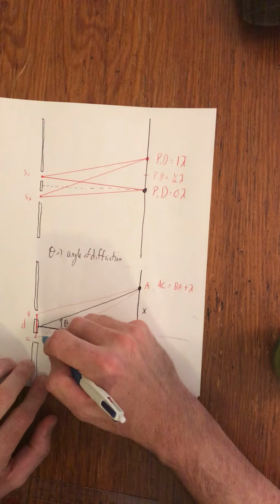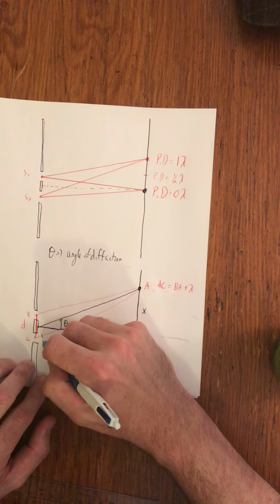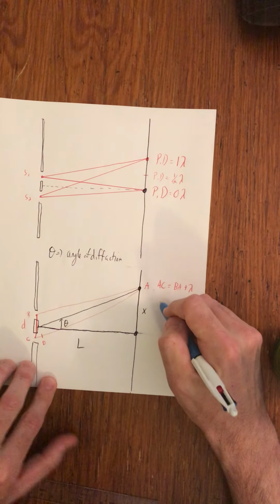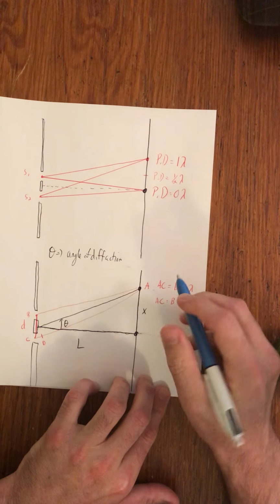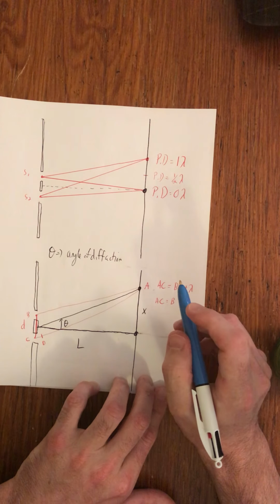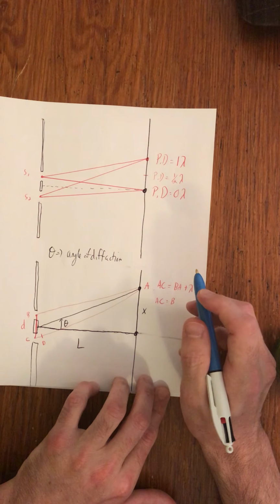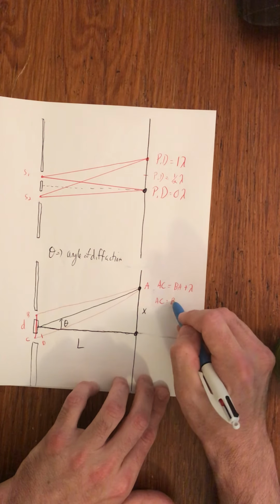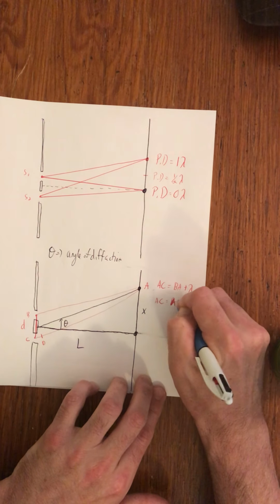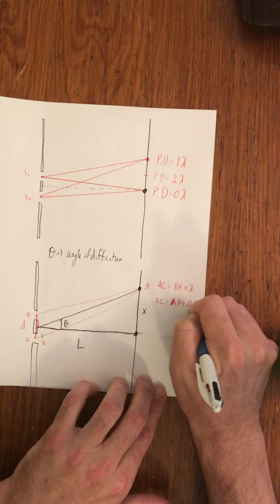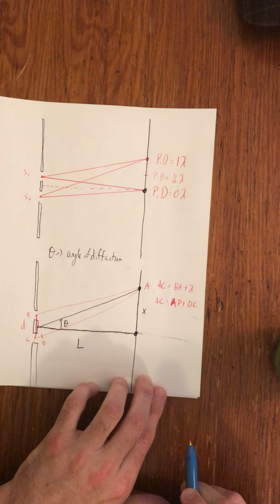So there must be a spot here, I'll call this point D, such that AC is equal to... oh, hold on, I screwed up. AC is equal to AD plus DC, right?